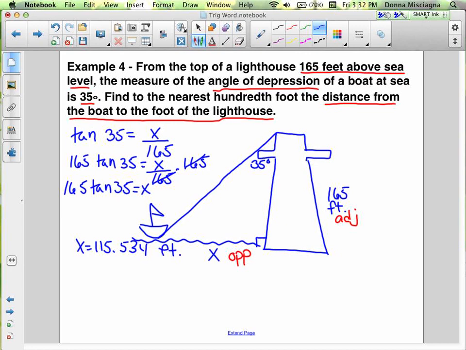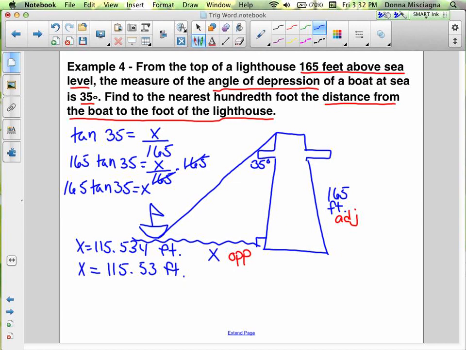I'm generally fine with whether you round or don't round, but in case it's a test, maybe a benchmark that asks you to round, let's follow the directions and round to the nearest 100th of a foot, which means that would be 115.53 feet. And there we have it. We have answered the first question.